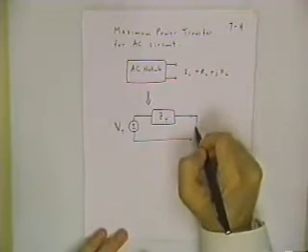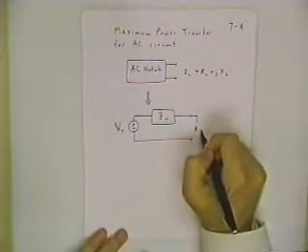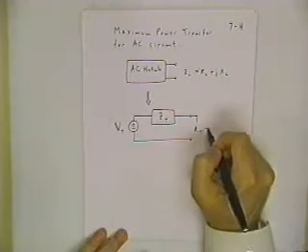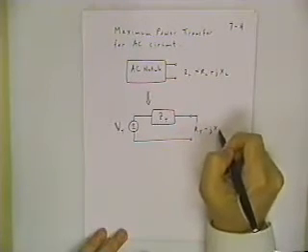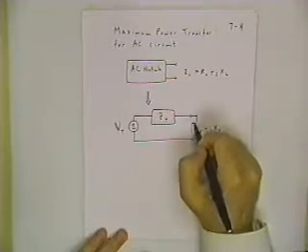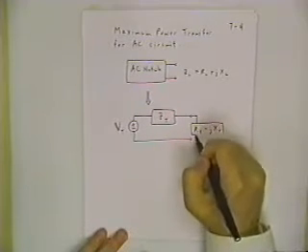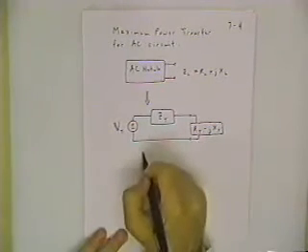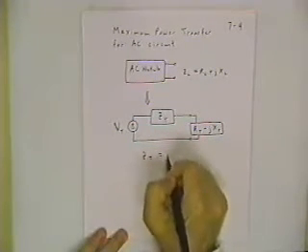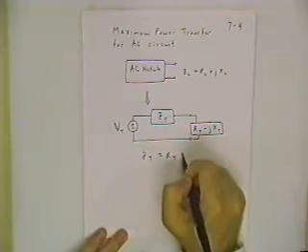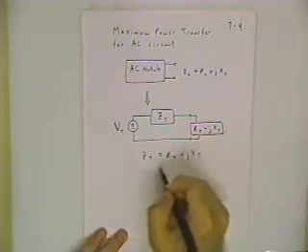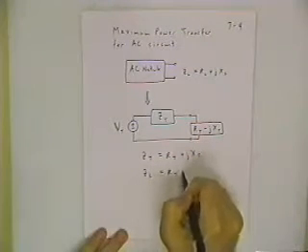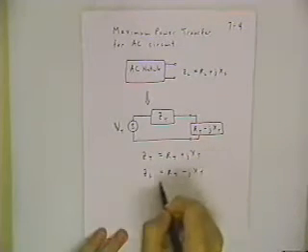And it turns out that if you attach an R Thevenin and then an X value that's opposite of the Thevenin, then you get maximum power transfer. And this is assuming that Z Thevenin is equal to R Thevenin plus jX Thevenin. Now I've got Z load is equal to R Thevenin minus jX Thevenin.